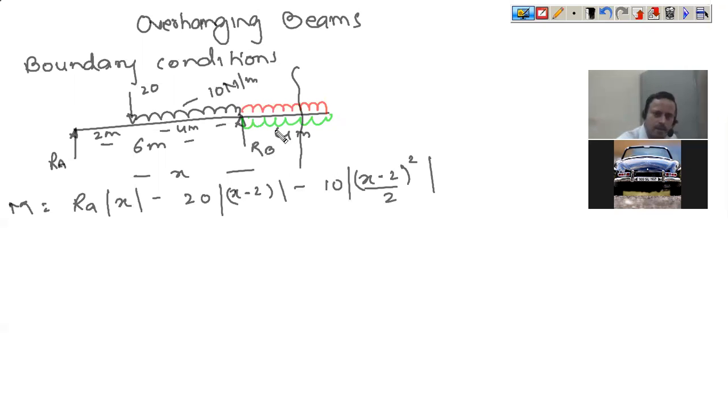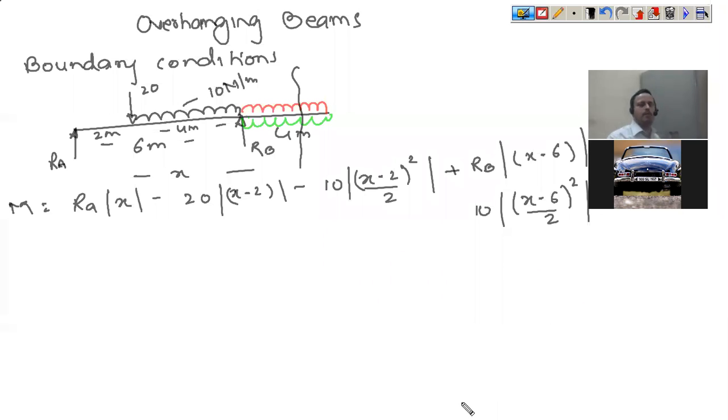Now you have RB also, so you have plus RB into x minus 6, and you have added, subtracted this much amount of load. So again this is plus 10 into x minus 6 whole square by 2. So this is your final equation of moment.